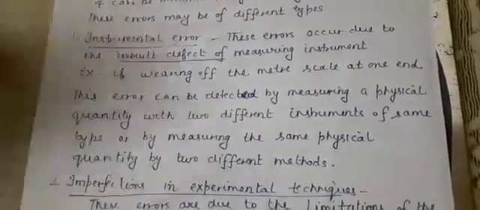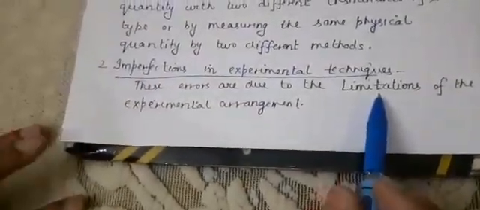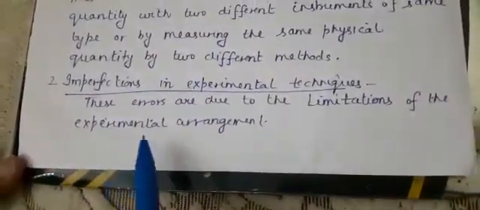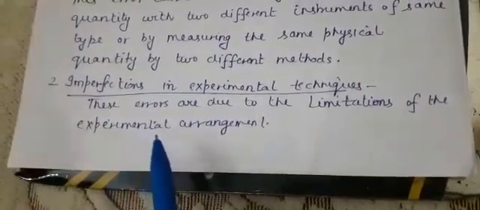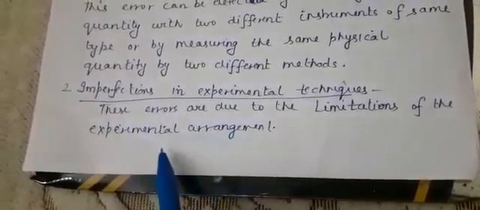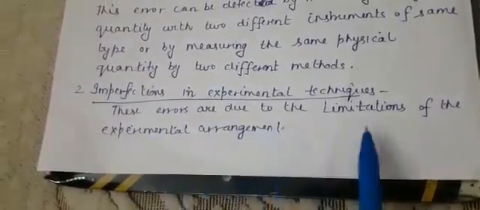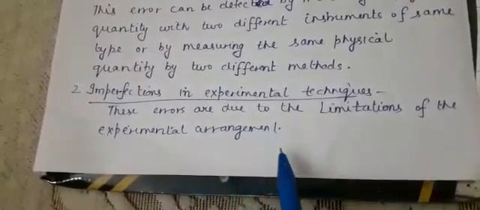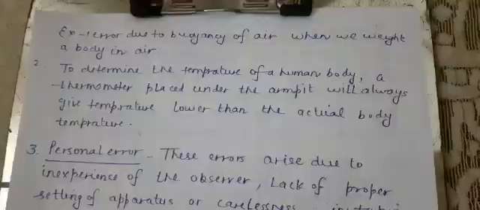Now, the next point is imperfection in experimental technique. Here, when you are doing the experiment, there can be possible causes in the different techniques which the person is adopting, which are not perfect. So these errors are due to limitations of the experimental arrangement.